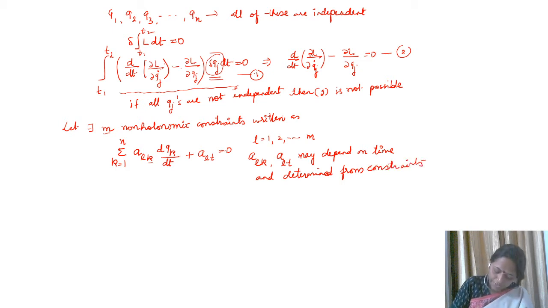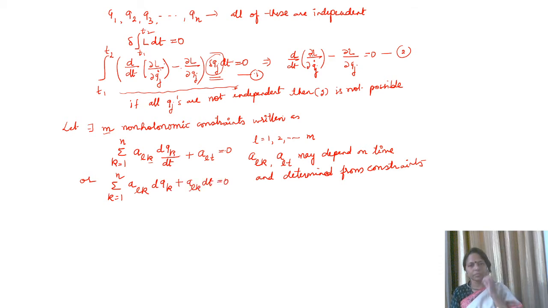I may also write this equation as the sum over k from 1 to n of a_lk dq_k plus a_lt dt is 0.